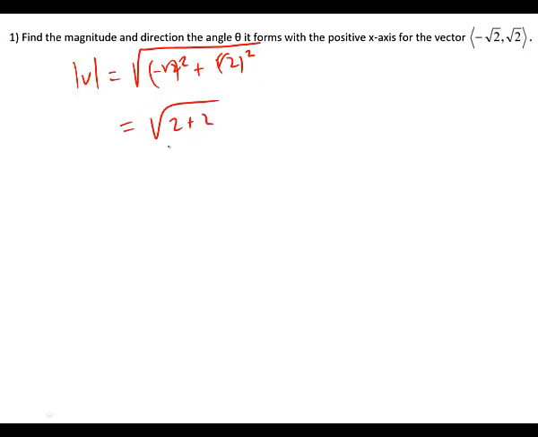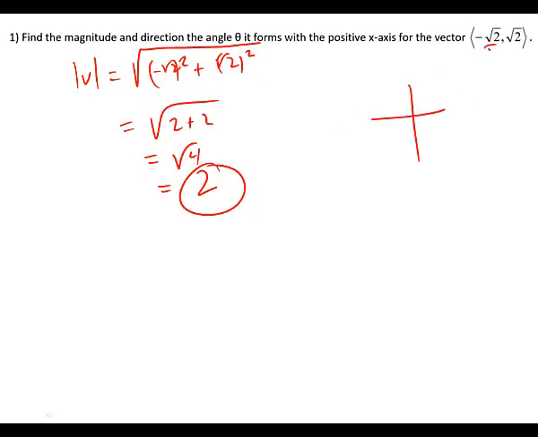Magnitude and direction angle. So, magnitude means that we are going to square each one of those, right? So we have negative square root of 2 squared plus square root of 2 squared. So we end up with 2 plus 2, which is 4, which is 2. So there's your magnitude. Here's how I would come up with the direction angle. Those are very unit circle-esque, aren't they?